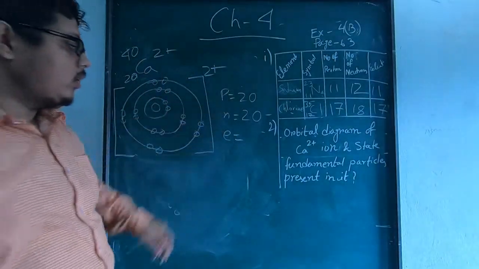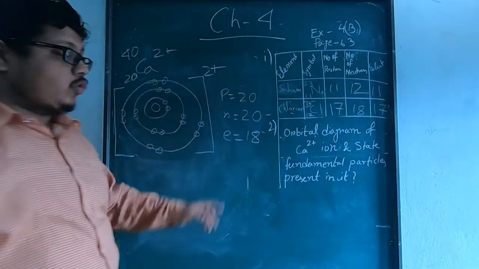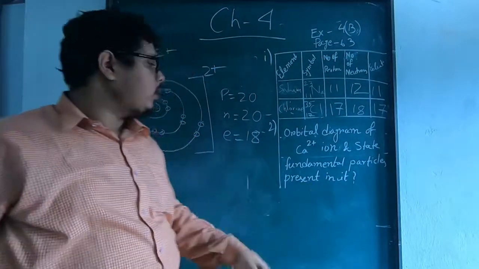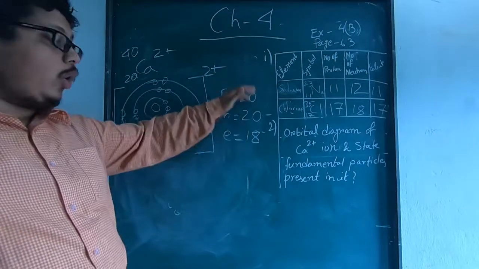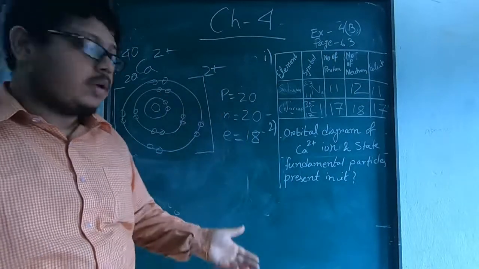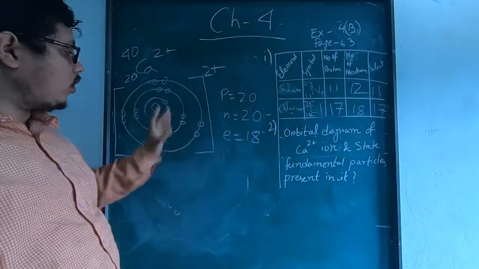Because 2 are lost, it will become how much? 18, right? So the fundamental particles, as they are asking, are 20, 20 and 18, not 20. If it was an atom, all 3 were the same, as we showed just now. But in the ion, it is not the same.